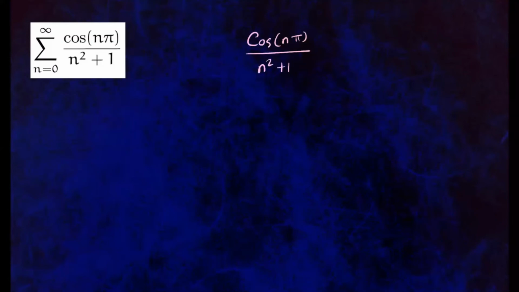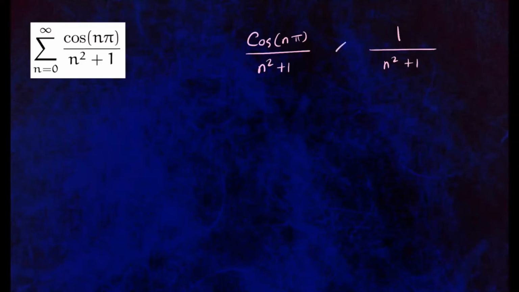So we have the absolute value of cosine of n pi over n squared plus 1. So the cosine, if you take the absolute value, the oscillation from negative 1 to 1 becomes just 1. So you take the absolute value of the negative values. So we can simply say that the value I can put on the numerator is 1, if you take the absolute value of cosine.